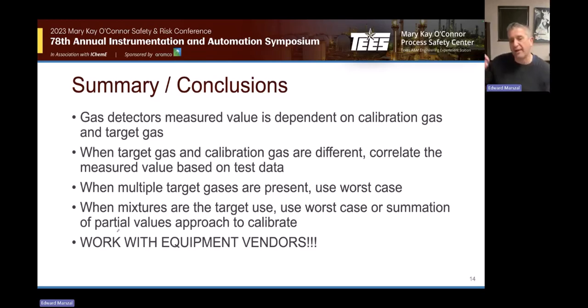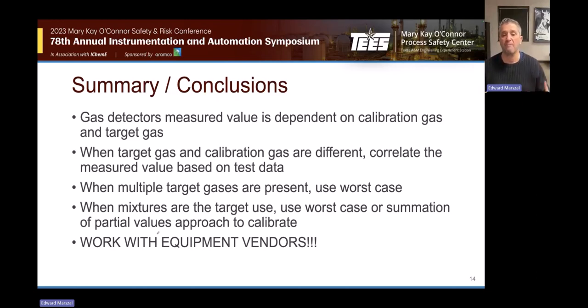So when your target gas and your calibration gas are different, correlate the measured value based on test data. Your equipment vendor has this test data. When you have multiple target gases present, your safest, most conservative thing to do is use the worst case, or have the detector show an LFL value for whichever component is going to give you the highest LFL value.